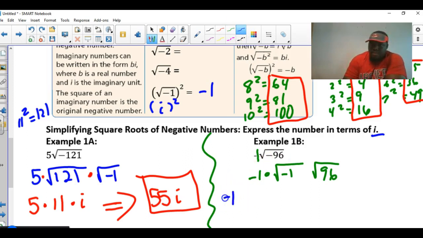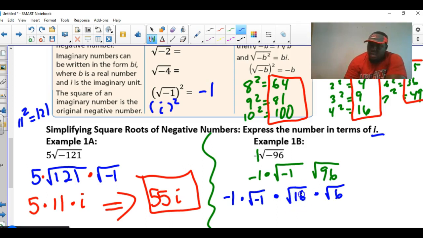Now I'm going to show you which one it is. We have negative 1 times the square root of negative 1 times 96. We can factor that into the square root of 16 times the square root of 6, because 16 times 6 is 96. The reason we did that is because this 16 is a perfect square.